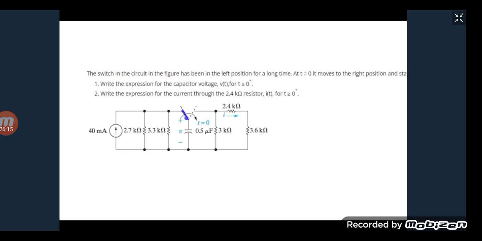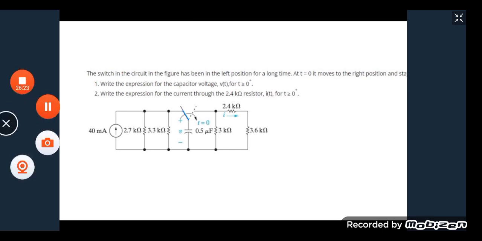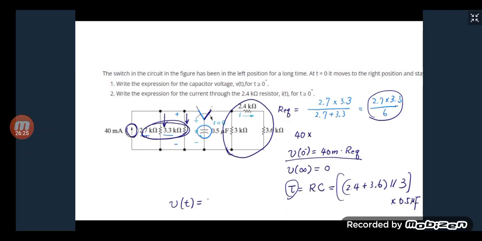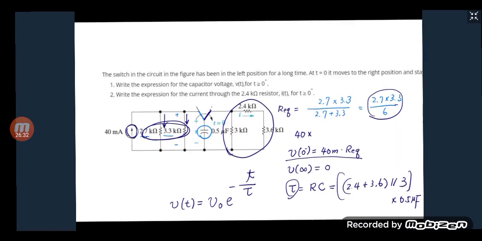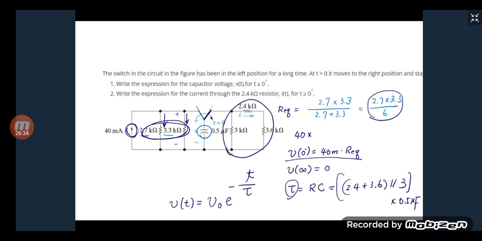So again, before the switch turns to the right, the initial condition. Like this formula. Any questions?